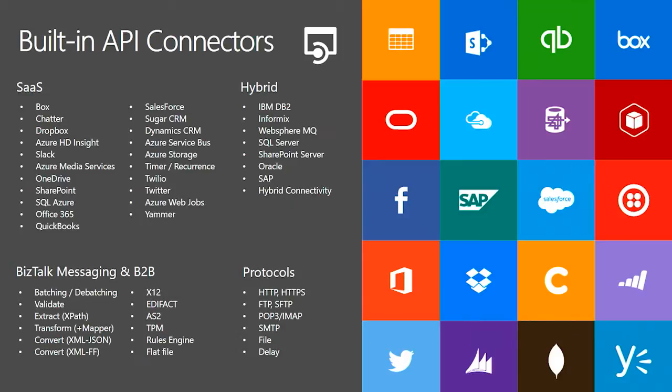We can do VETER, which is validate, extract, transform, and route using XML messaging, as well as classic EDI for Edifact, X12, AS2, and using trading partner management. The engine supports HTTP natively as a protocol, but we also have connectors for FTP, POP3, SMTP, and file.